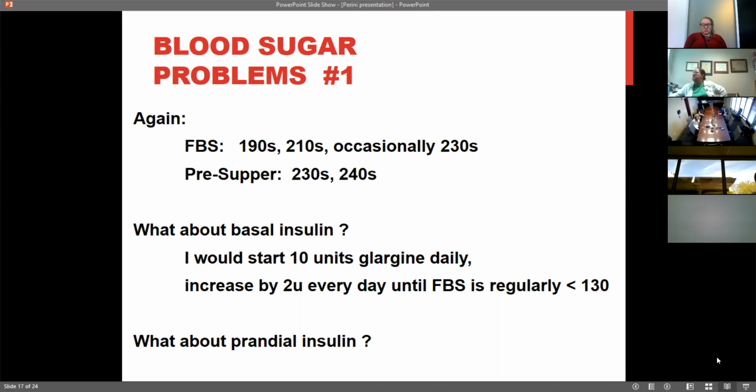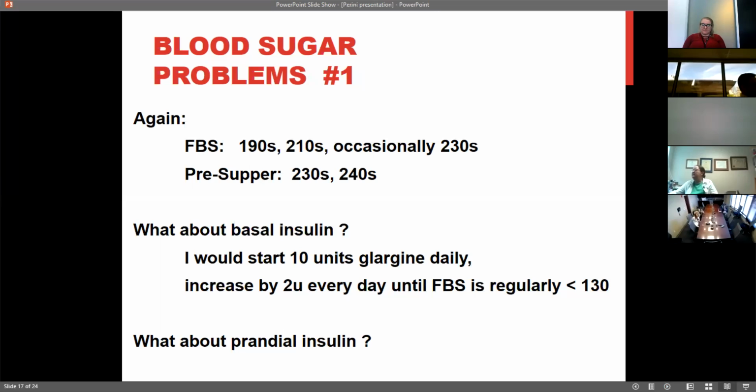I reassure them right away that I have people who take hundreds of units of insulin a day, and anything less than that, they are hyperglycemic. So we just move slowly and steadily up to the point where their sugars are good. And I also tell them insulin will always work if they're taking it like they need to be taking it in terms of the frequency and the dose. So don't be frustrated if their sugars aren't good yet. It just means we haven't gotten to the dose that they need yet.